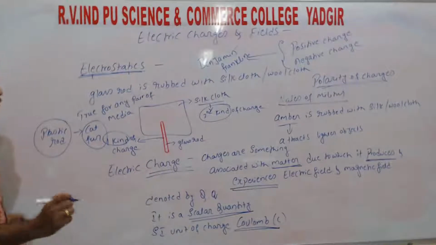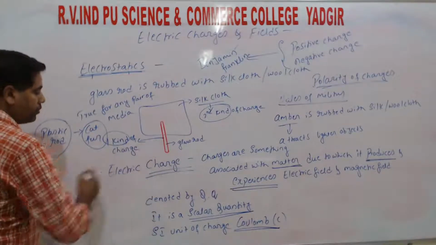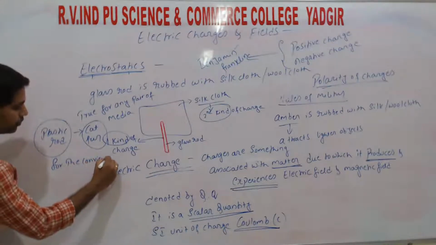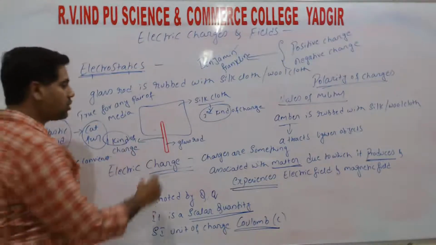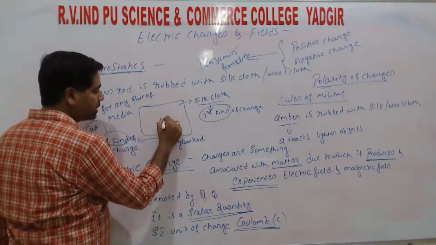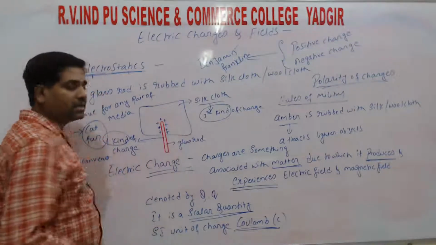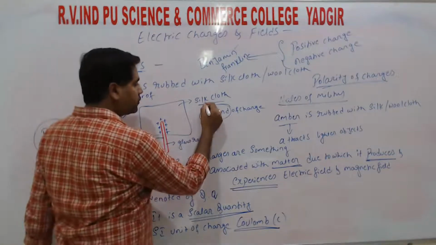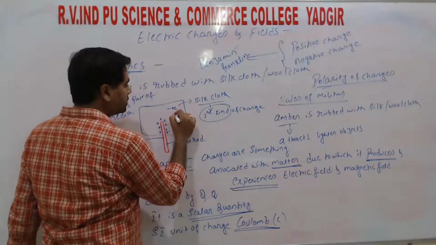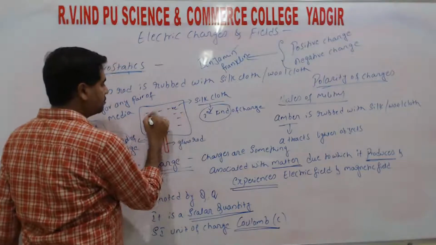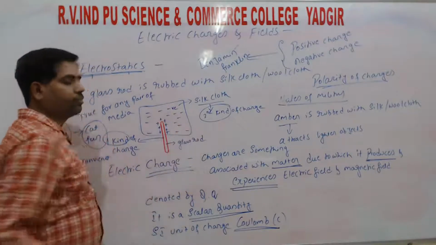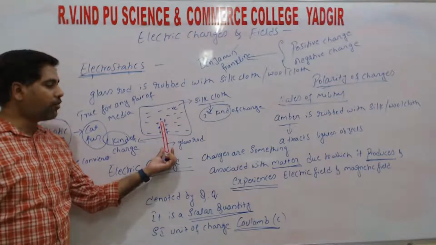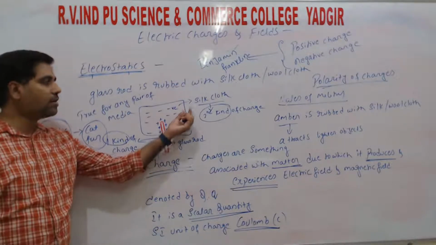So next, by convention, the glass rod will acquire positive charge. The charge on the glass rod is taken as positive, and the second kind of charge, that on the silk, is negative, right? Initially we don't know what type of charges will be on the glass rod and on the silk.